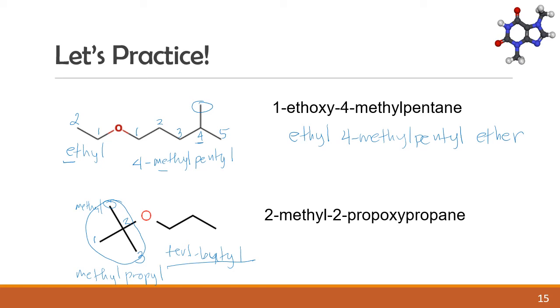Now, the carbon chain on the right side of oxygen has 1, 2, 3 carbon atoms, so its name would be propyl. So we have propyl and tert-butyl on either side of the oxygen atom. To get the full name of this compound, we simply arrange the names alphabetically.